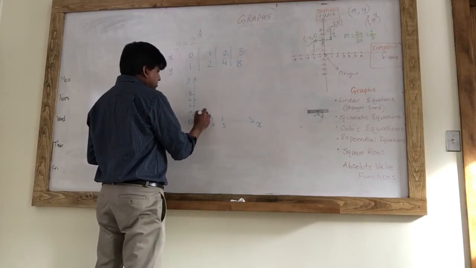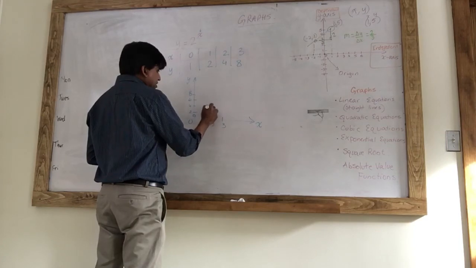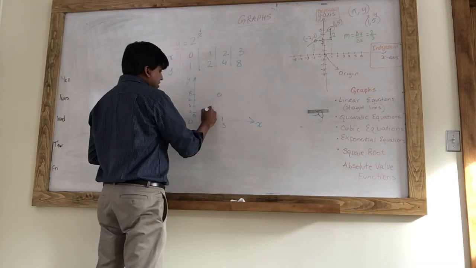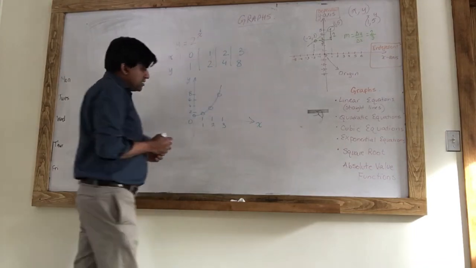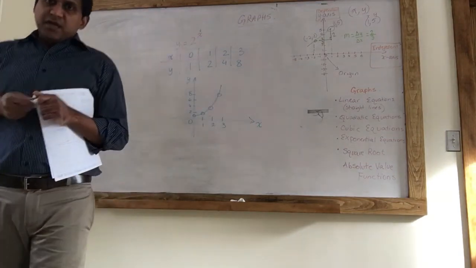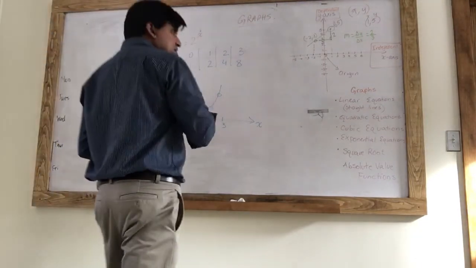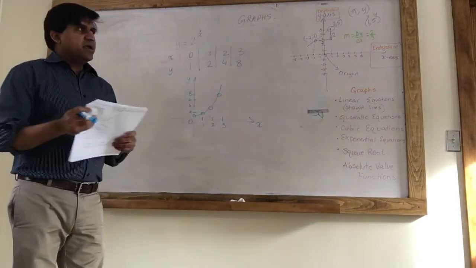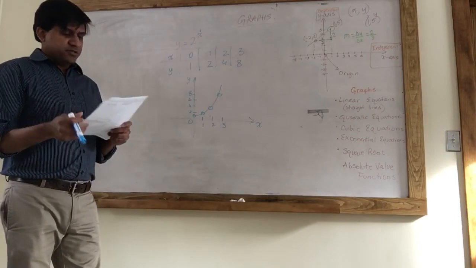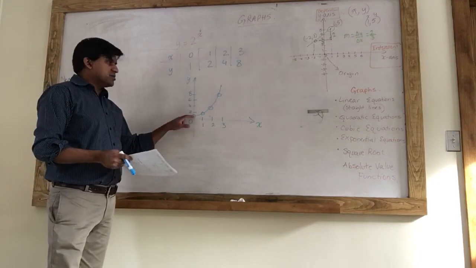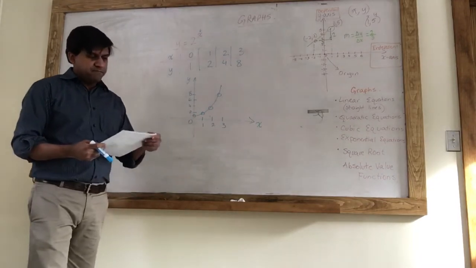At 1 it's 2, at 2 it's 4, and at 3 it's 8. So we get a graph like this. So it is an exponential graph, okay? Anything with an exponent will have an exponential graph. So remember that. And this normally cuts through 0, 1, okay?